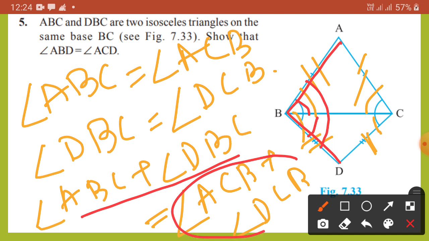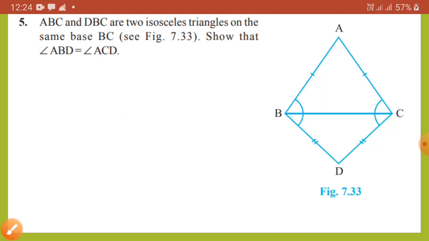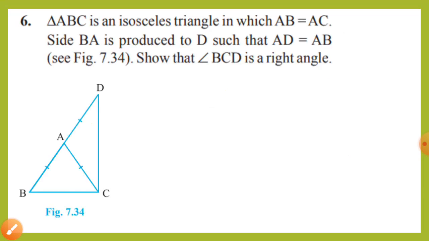On the right side, it is angle ACB plus angle DCB, which gives us total angle ACD. So obviously you can write angle ABD is equal to angle ACD, proved. Got it? Okay. Go to the next question.